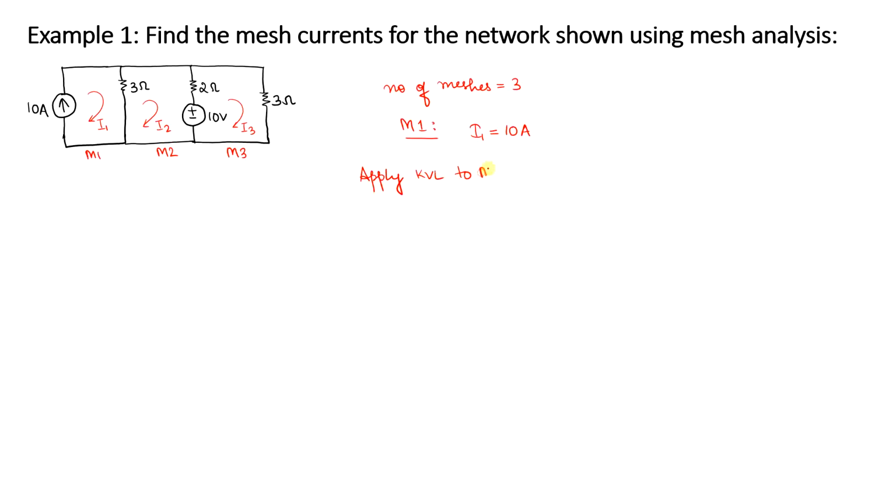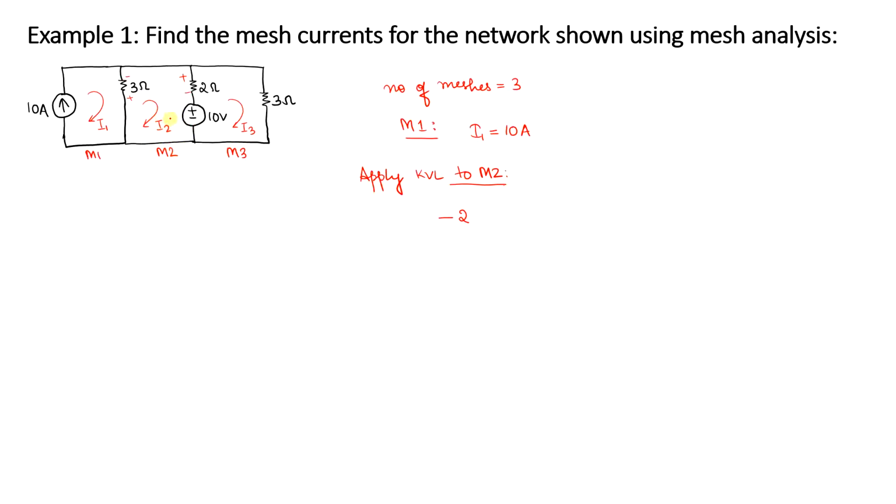to mesh 2. So when I apply KVL to mesh 2, I get this as, this is plus, this is minus, this is plus, this is minus, right? So this becomes minus 2. Again, I am considering the mesh 2, which is the dominant current here. The current I2 is the dominant current.